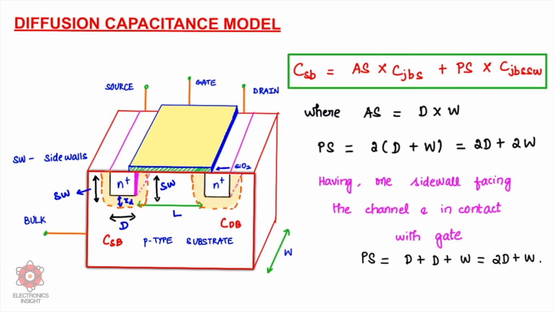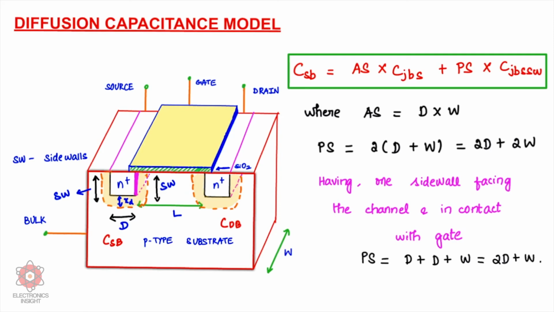Only after applying a positive gate voltage will the depletion regions break, and the minority electrons in the p-type substrate get attracted to the surface below the metal oxide layer and get inverted, and there will be formation of a channel. Until then, the source depletion region will be there and the drain depletion region will be there.